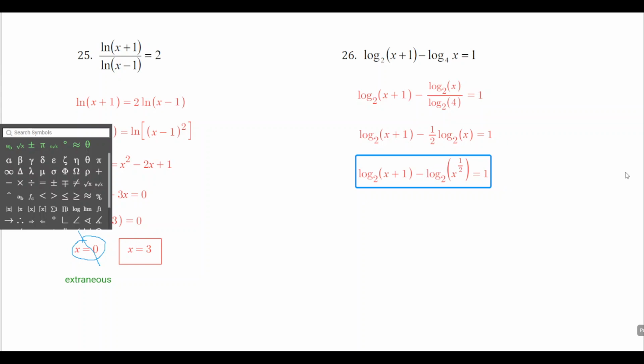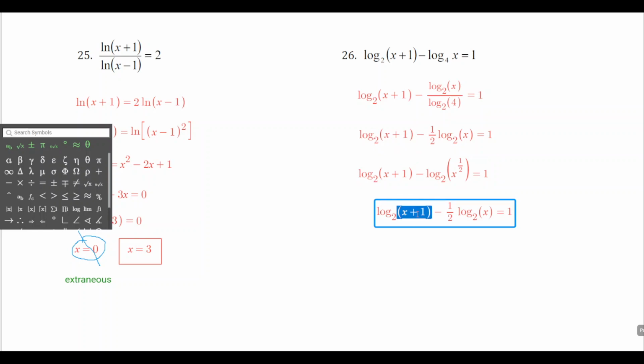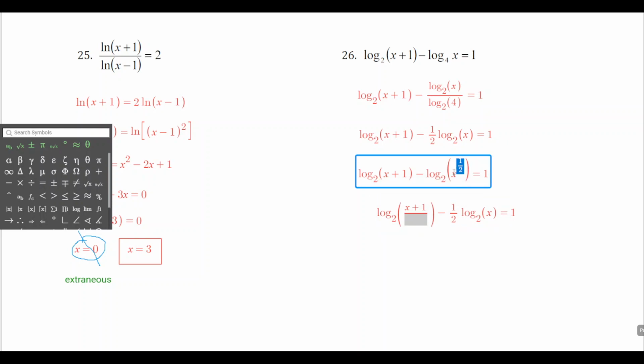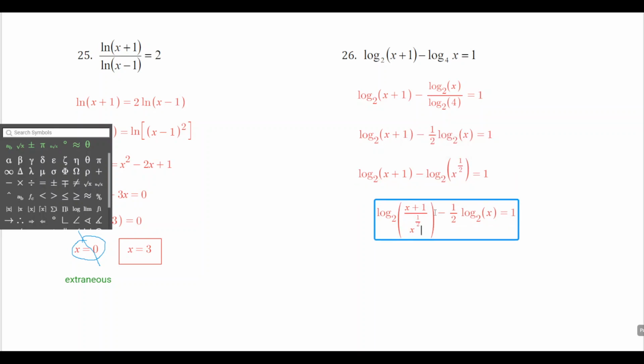Kind of an interesting problem here. From here, it looks like we can use the quotient property. So I get log base 2 of x plus 1 divided by x to the 1/2, and that equals 1.